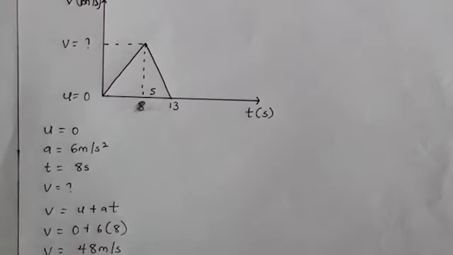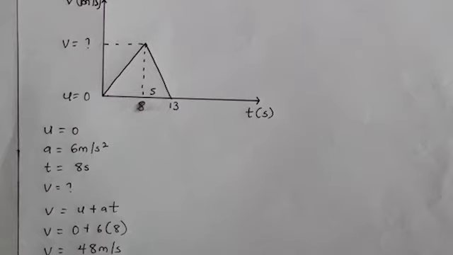So v equals 0 plus 6 multiplied by 8, which gives a final velocity of 48 meters per second. So the v on the graph there should be 48 meters per second.